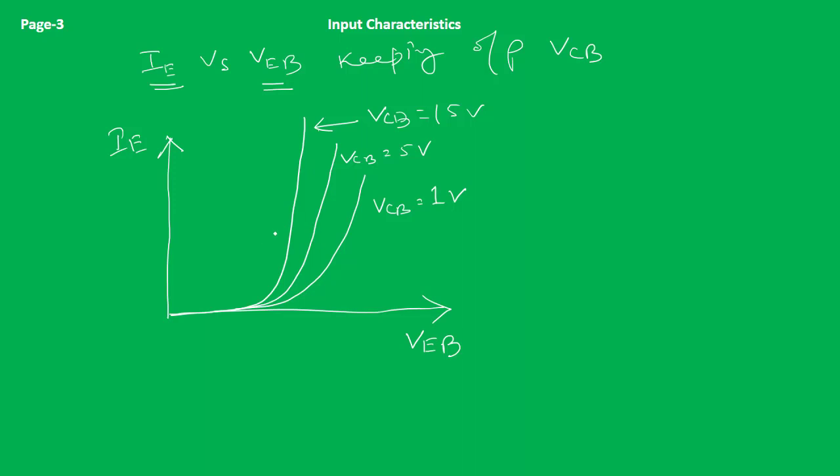And here the input resistance of the transistor, Ri, is equal to the change in voltage with respect to the change in current, keeping VCB constant.